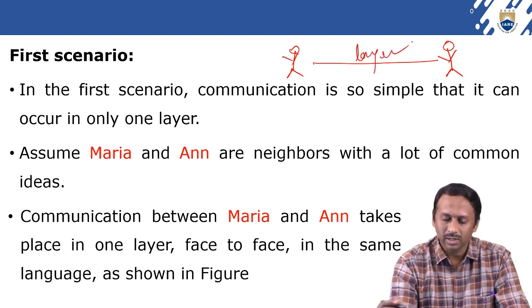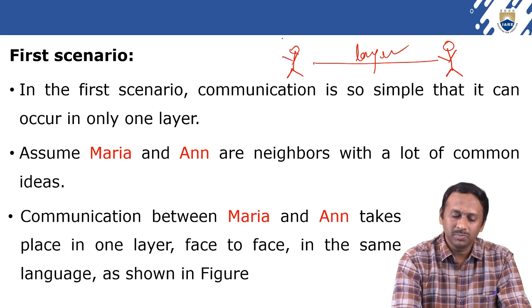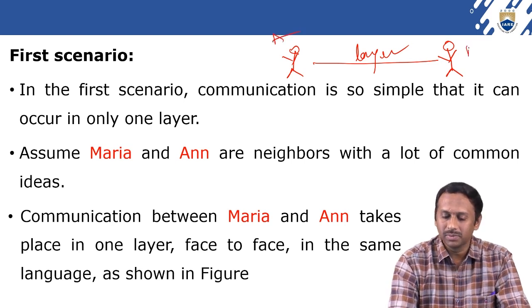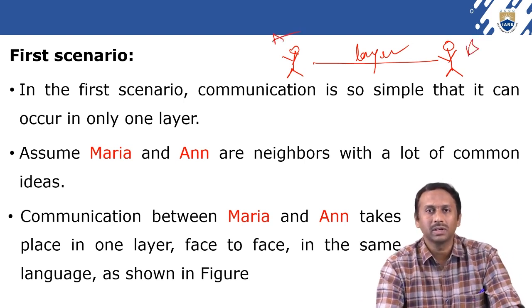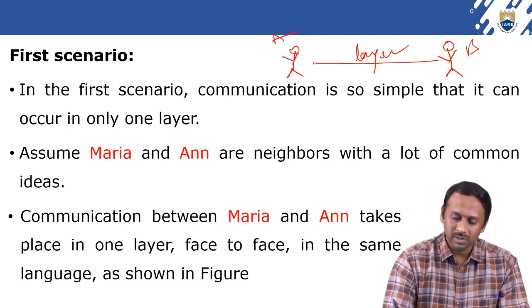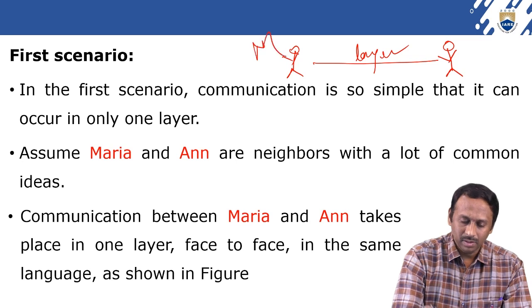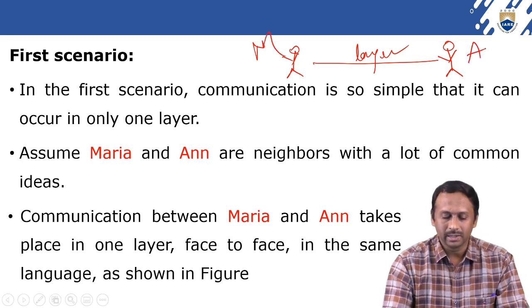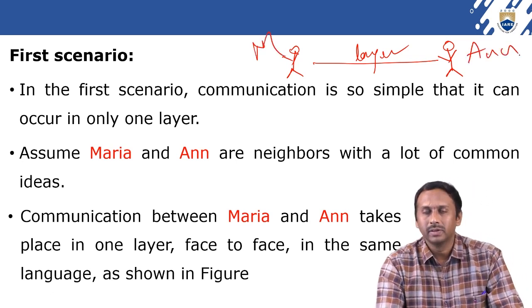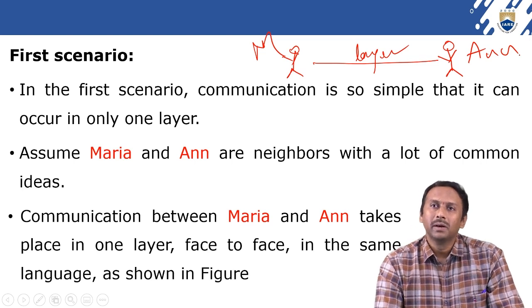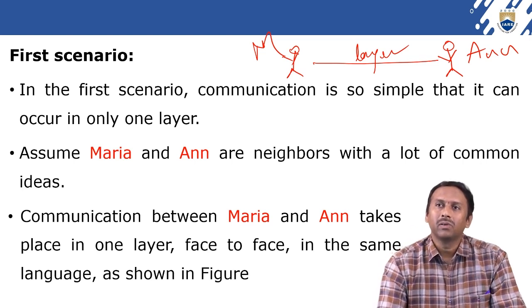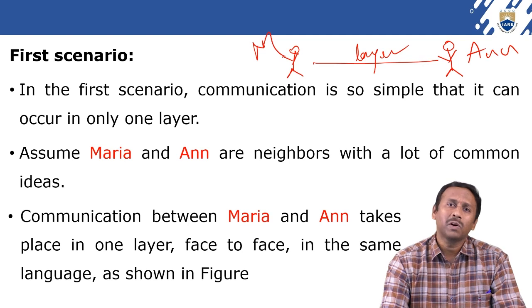Assume this is one layer, and person A is in some place and B is in some other place. Here we have considered the names Maria and Anne. Assume Maria and Anne are neighbors with a lot of common ideas.